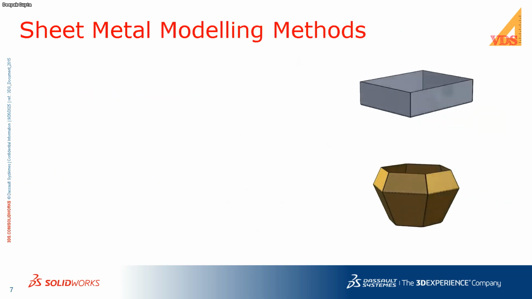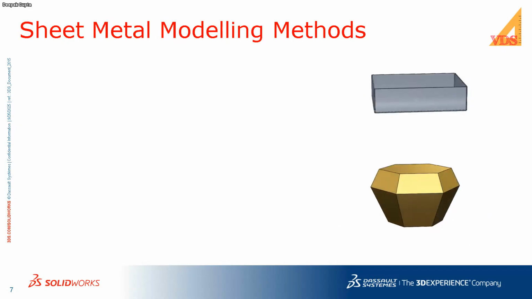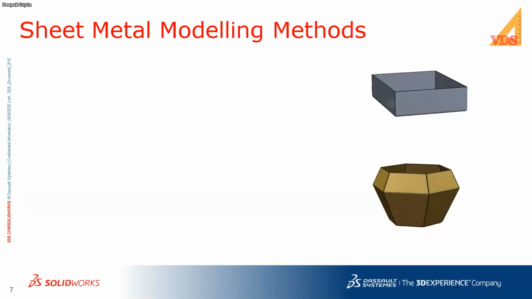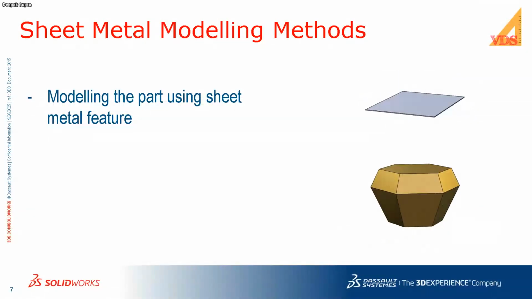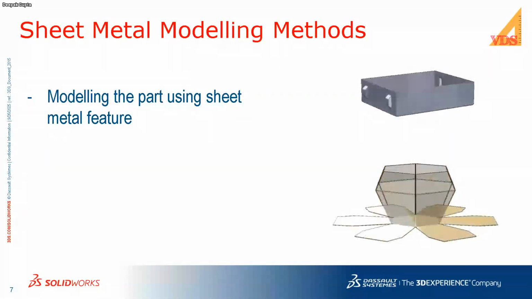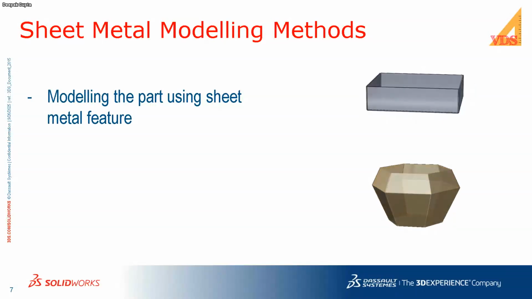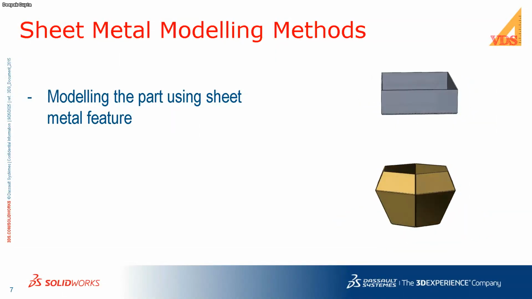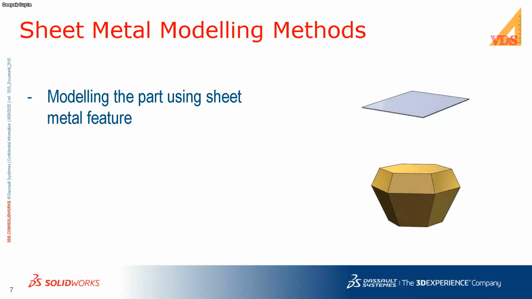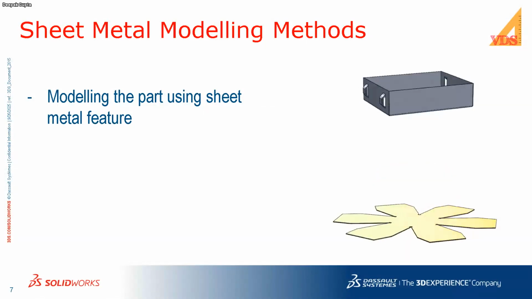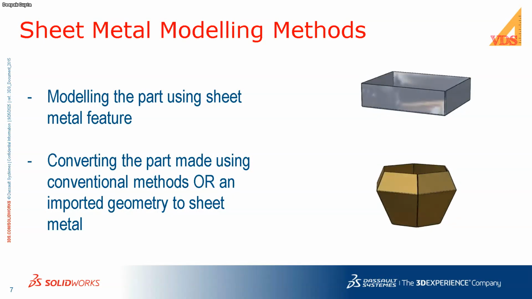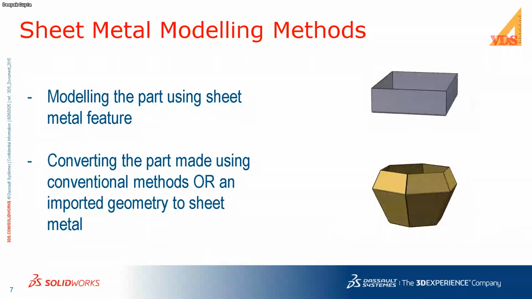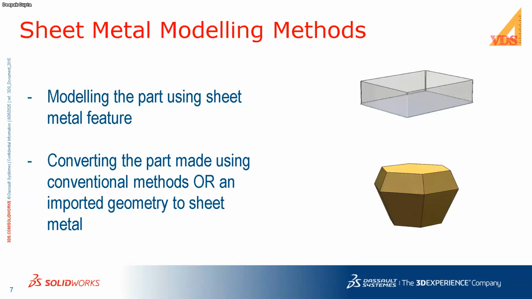Now, when we talk of SolidWorks, it gives us basically two different ways to do sheet metal modeling. The first method is to start using the sheet metal features right from the first feature, and then build up as per the part requirement or geometry. The second option is for a part which is complex in shape and might be difficult to get started directly with the sheet metal feature.